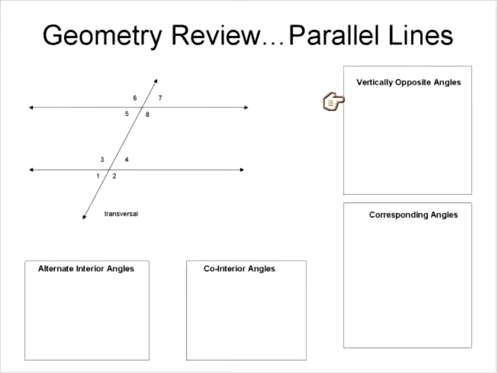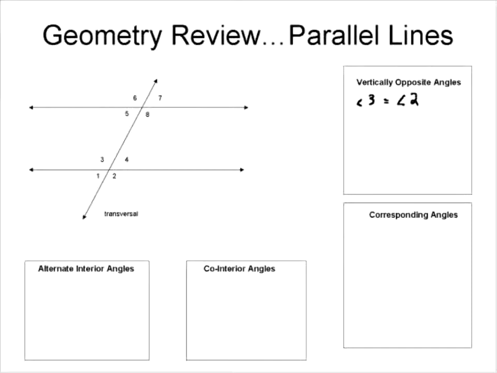So first of all, vertically opposite angles. Do you remember what vertically opposite is? It's an angle directly across from each other. So angle 3 and angle 2 are vertically opposite. So what that means is they're right across from each other and they equal the same thing. So we could say that angle 3 is equal to angle 2.